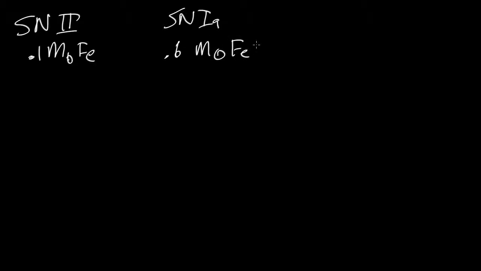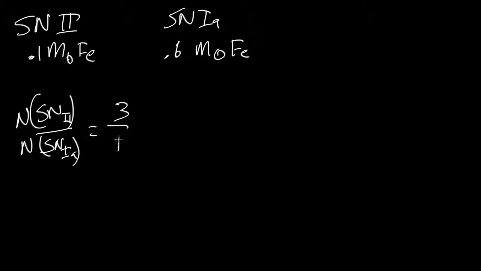The other thing we need to know is that the ratio of the number of SN2 to type 1a supernovae is about 3 to 1. That is, for every type 1a supernova, there are about 3 type 2 supernovae. So we want to figure out what the fraction of the iron in SN2 compared to SN1a is.